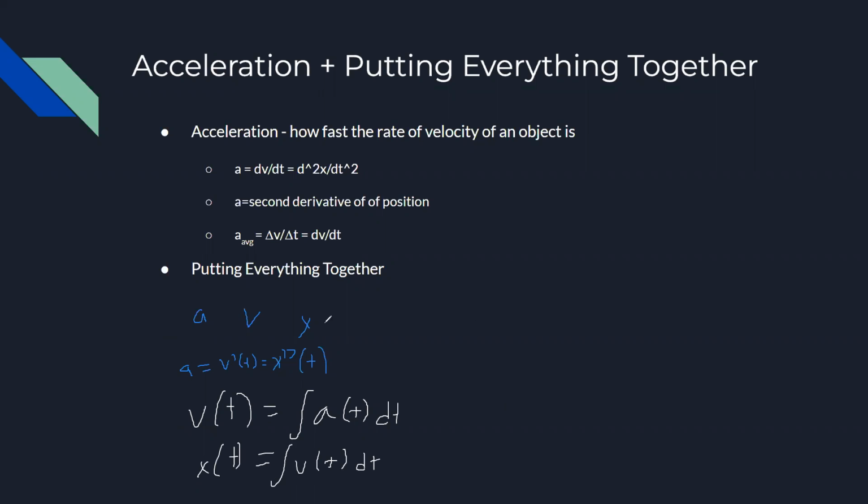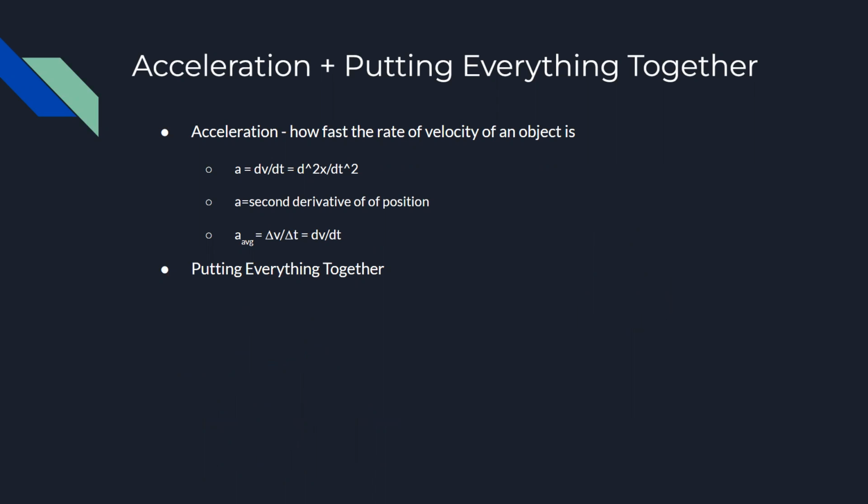So you're basically trying to find the area under the curve if you want to go up. So let's make it into a ladder, I guess. You have x at the top, v in the middle, and a at the bottom. If you want to go down, differentiate. Up, integrate. So that's how I would recommend thinking of it.